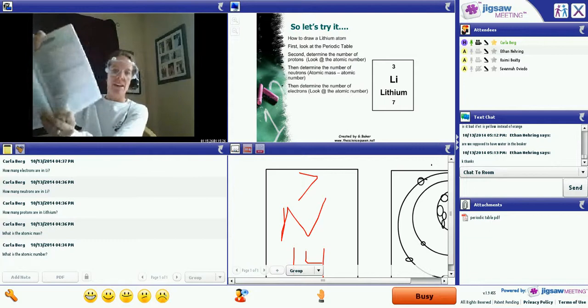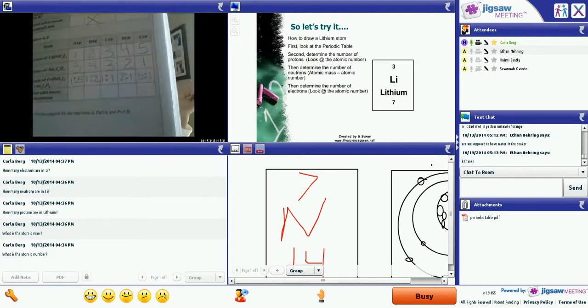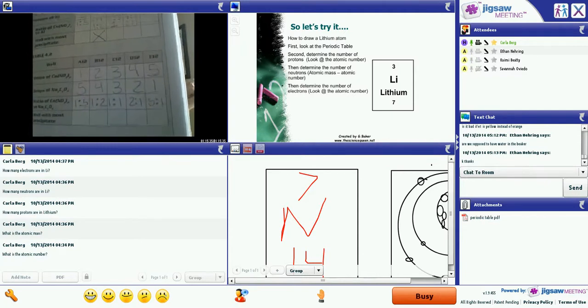Okay, and you should have a data table that looks like that for 4.2. Let's go ahead and check your table with mine.